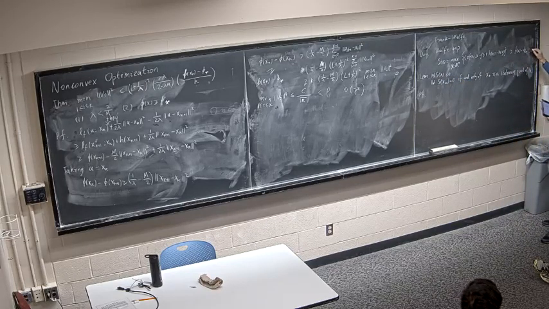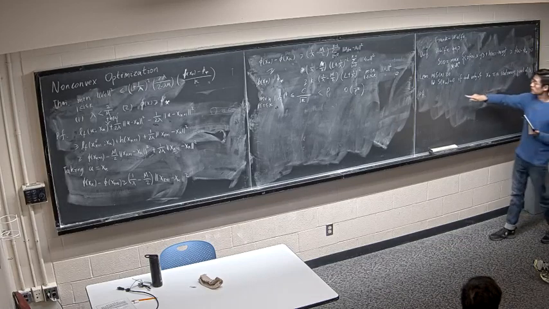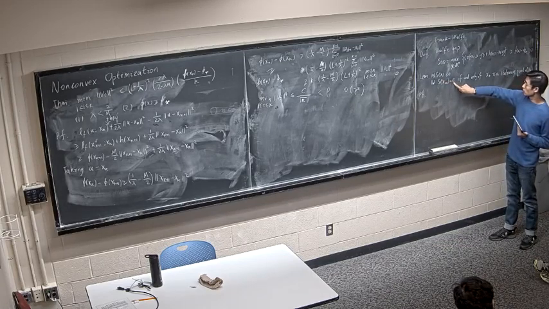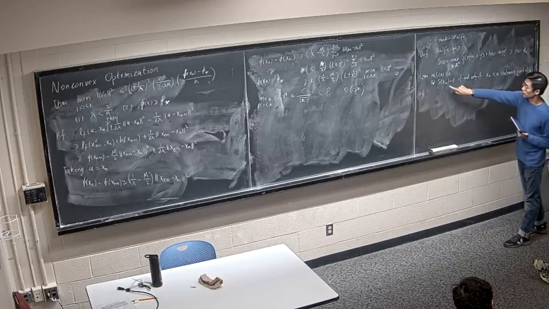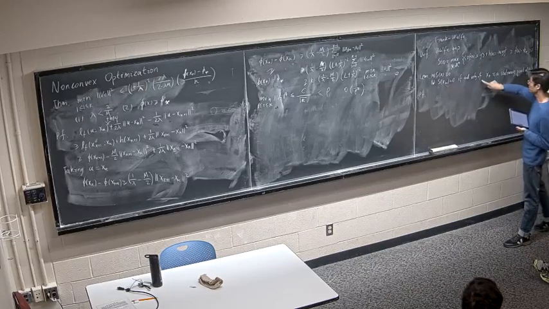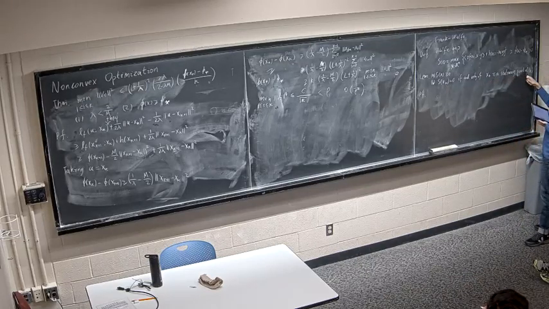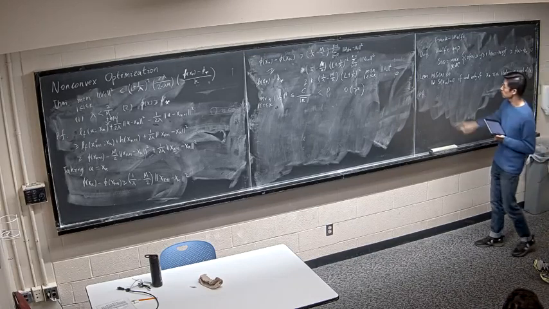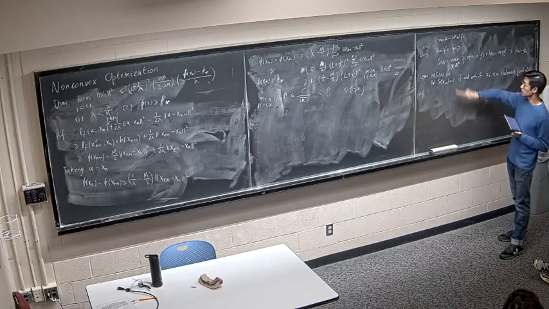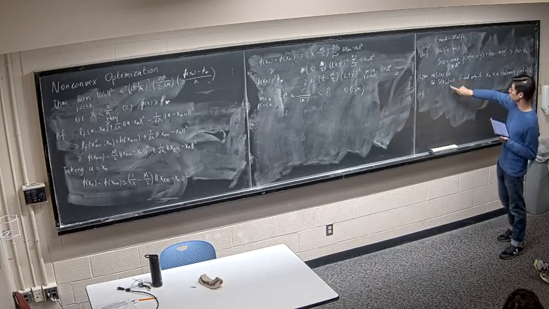And it is 0 if and only if the point x star is a stationary point of the composite optimization problem f plus h. I think last time we skipped this lemma, but let me show you part B.